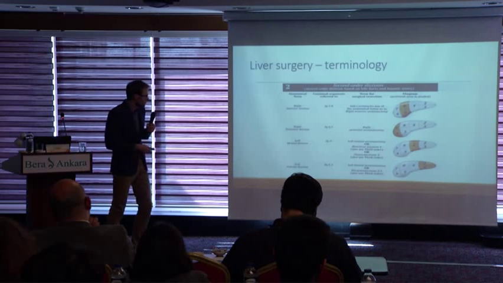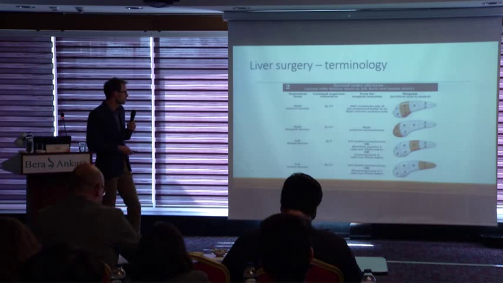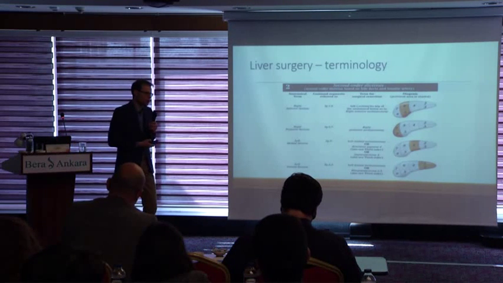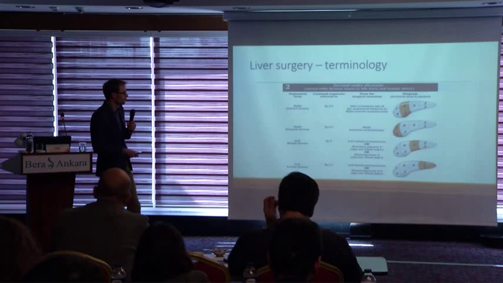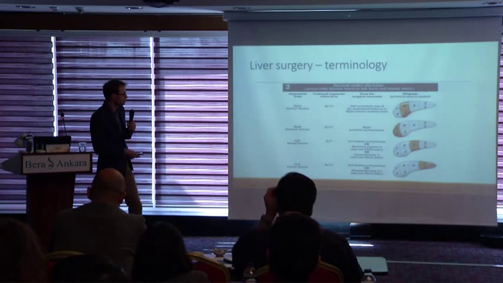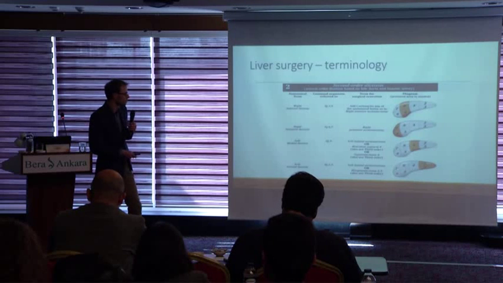Other liver resections that we can perform are, in some countries, called sectorectomy, when you take a sector, for example the right anterior sector, right posterior sector, left medial and left lateral sector.